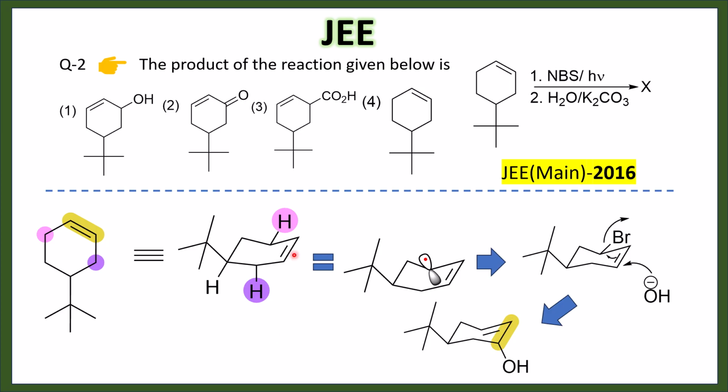Here, radical formation is more stable on this side compared to the other, because there is strain if bromination happens after radical formation there. So bromination happens first away from the tert-butyl group, and then after formation of the allylic bromide, allylic substitution by the hydroxyl group gives the product. So the correct option is this one.